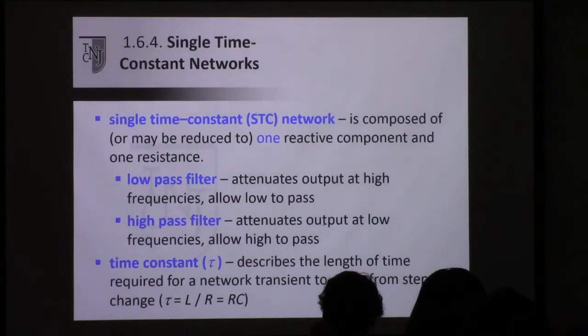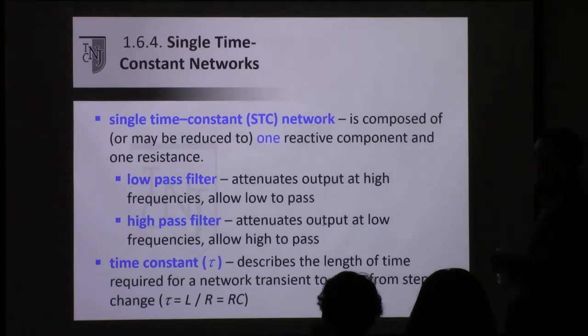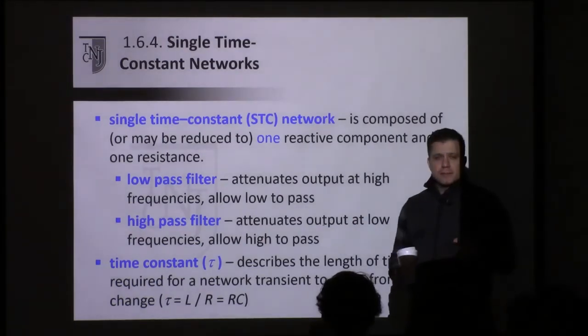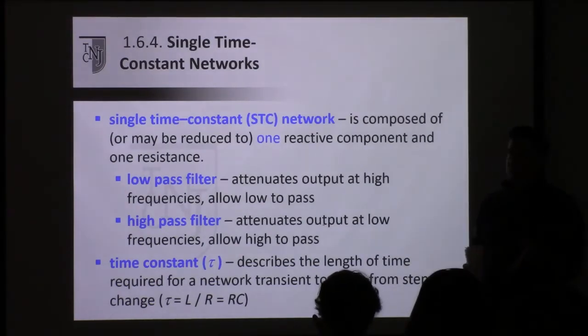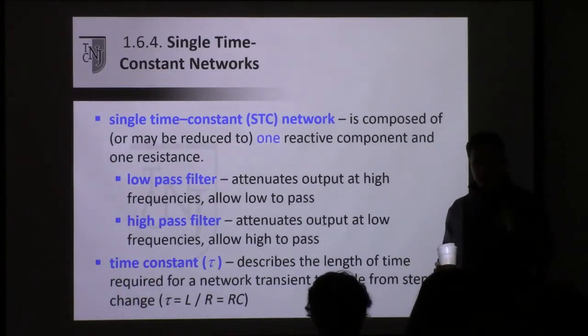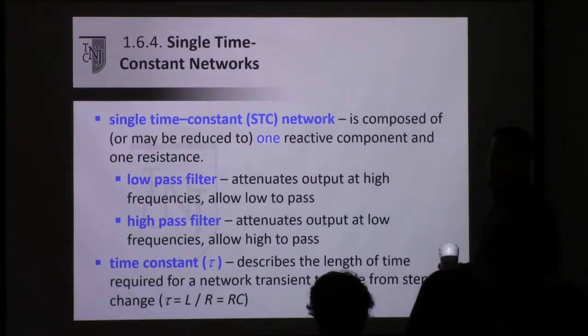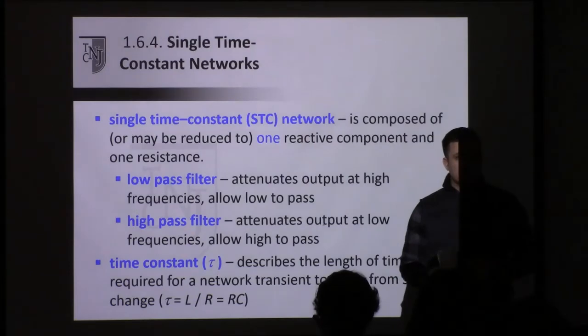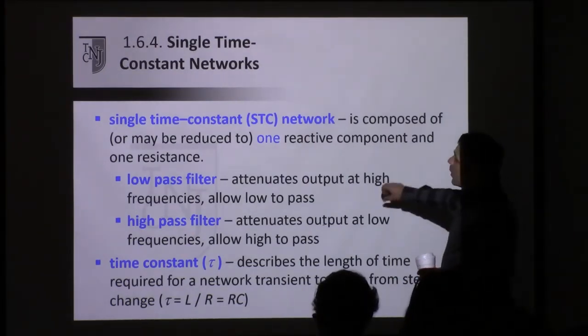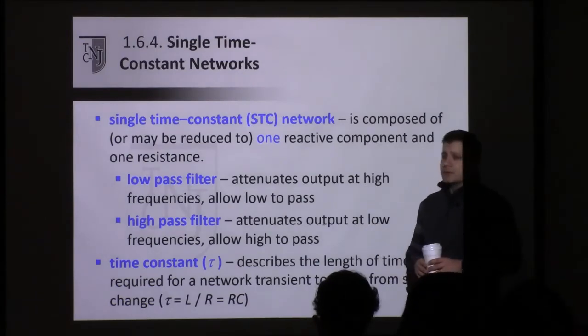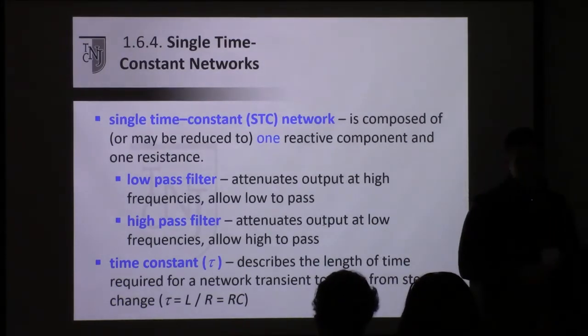All right, so now we're talking about frequency response, and the place where we have already discussed frequency response is a little bit in ELC251-02, more in ELC214 when we did low pass and high pass filters, right? A low pass and a high pass filter both fall within this category of single time constant networks.